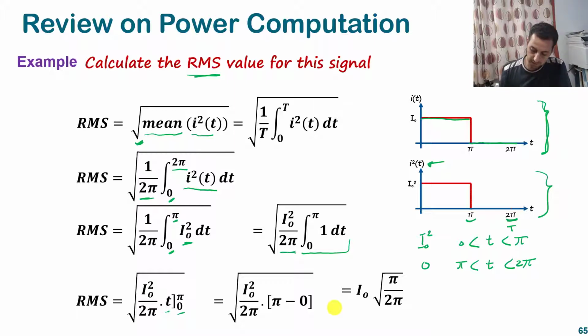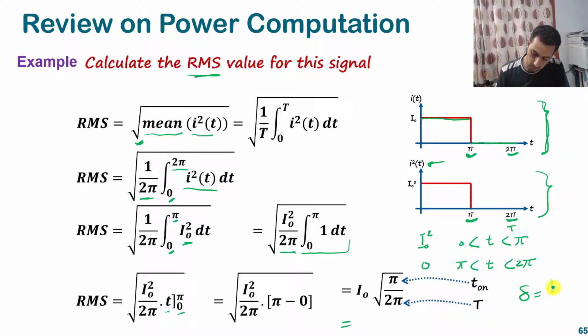Look at the pi: the pi here is the on time, and the 2 pi is the total period. So really I can say it's the square root of the on time divided by the full period. I think most of you now know the duty cycle, which is the percentage of on time divided by the total period.